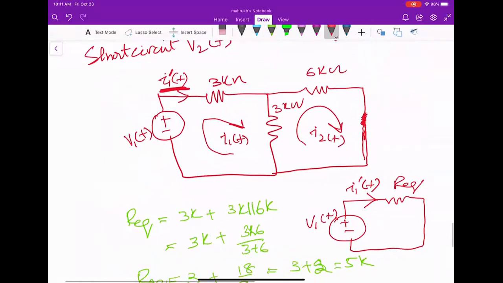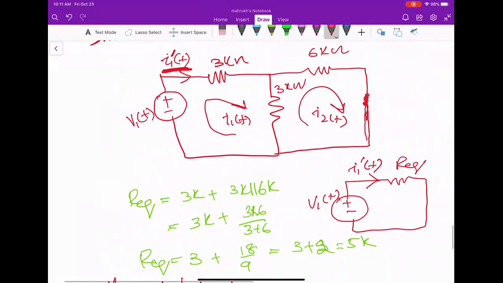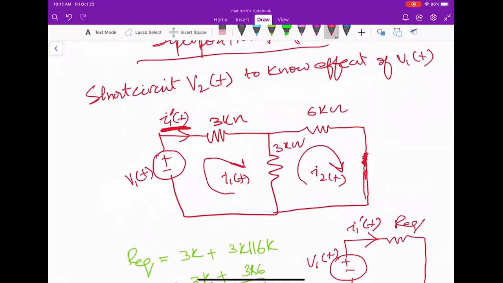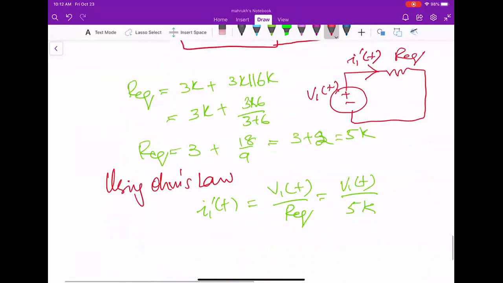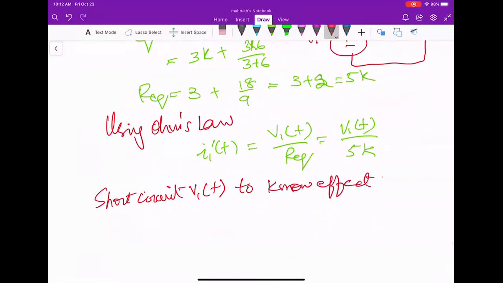Now I want to find another current by using V2 of t after nullifying the effect of V1 of t. So I am doing a short circuit of V1 of t to know the effect of V2 of t.